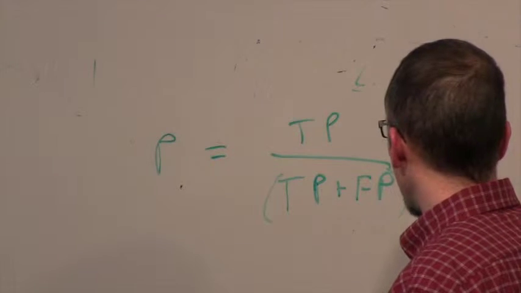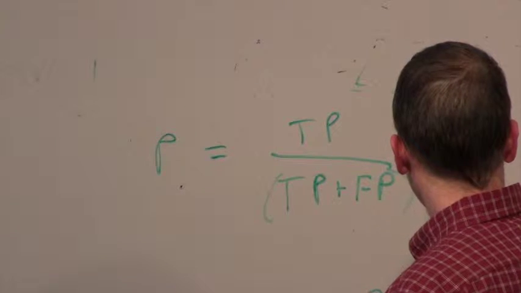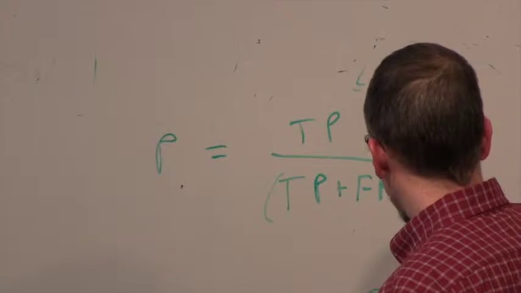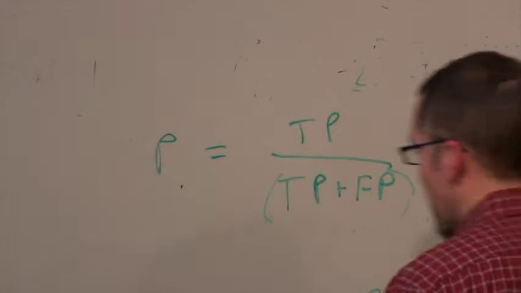So precision is the probability of, let's see, how to write this. Well, first of all, I shouldn't do it on an angle.